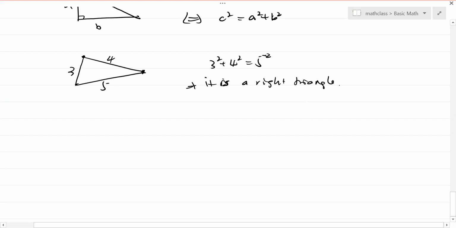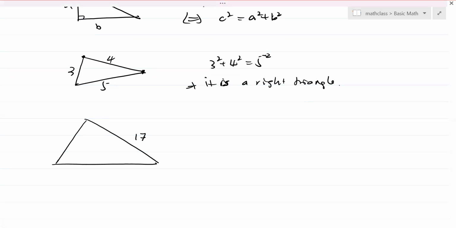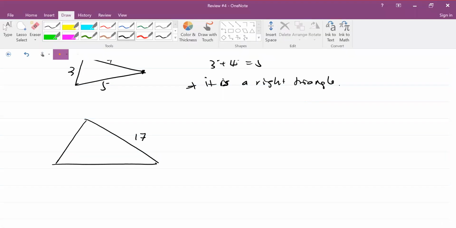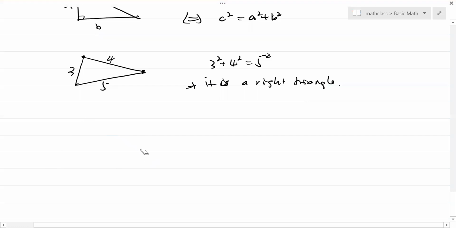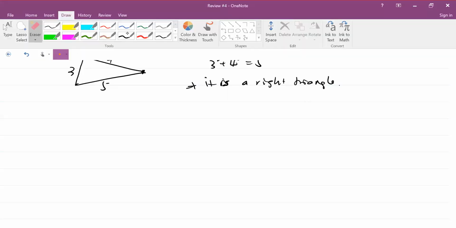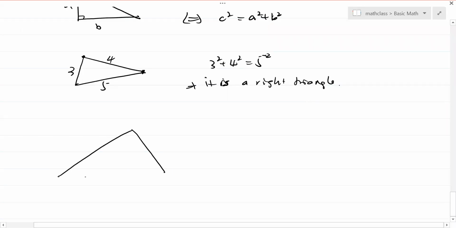Let's try this. So we are given another one. And this is going to be 17. And let me draw it a different way. YZ is 10.